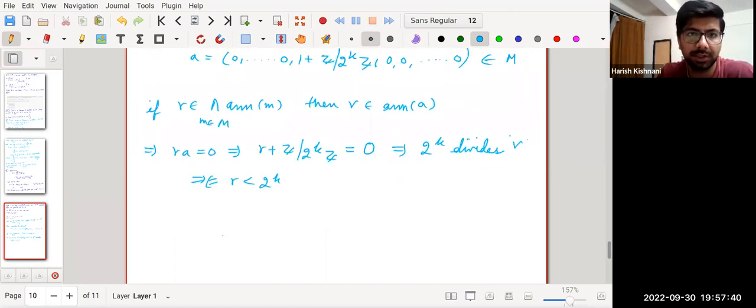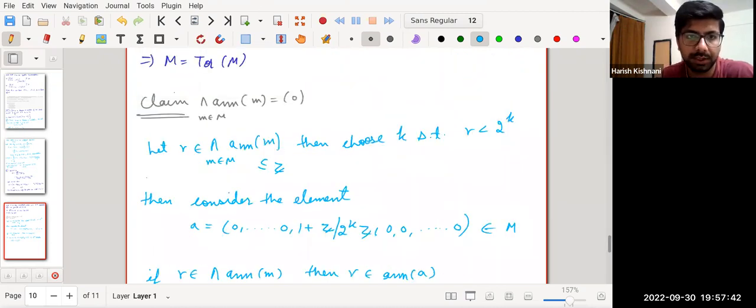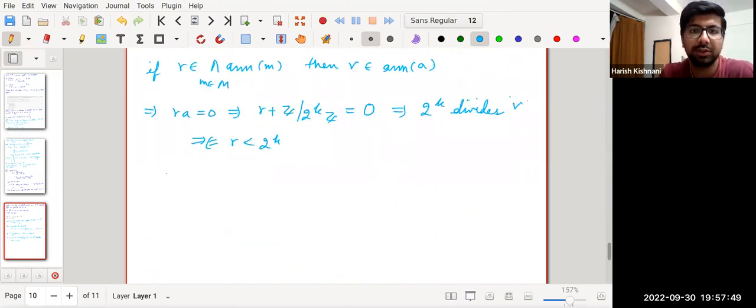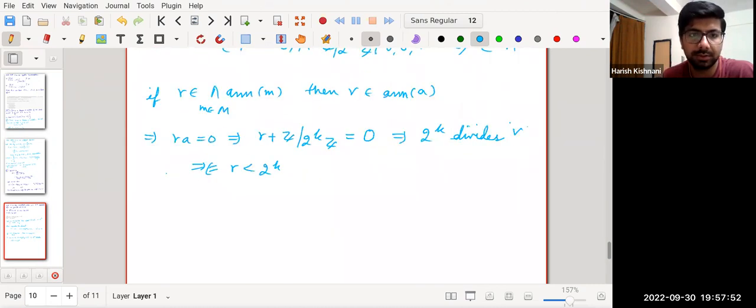Definitely we have to assume in the beginning that it is a non-zero element. So for a non-zero element you will get a contradiction, so this implies that r is not inside the annihilator of a, which implies that the intersection of all annihilators is going to be 0.